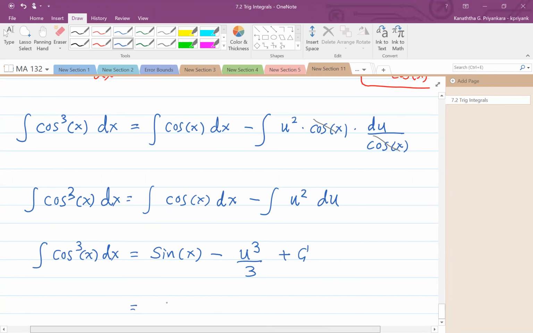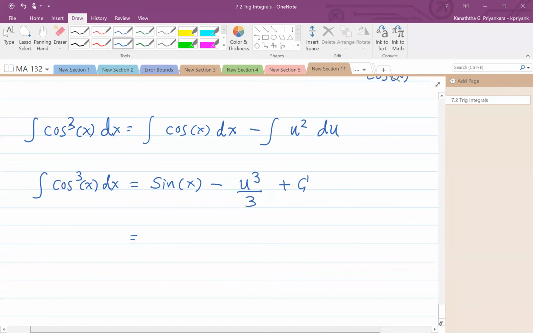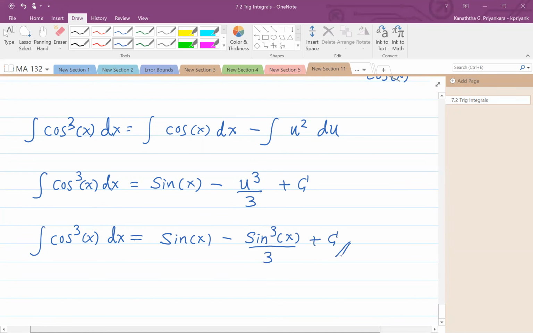Now we can substitute our u, which is sine x, u equals sine x, back. So we get integral cosine cube x dx is sine x minus sine cube x over 3 plus some constant.